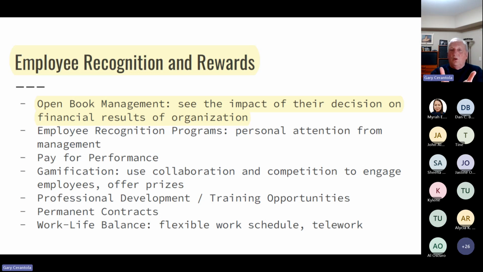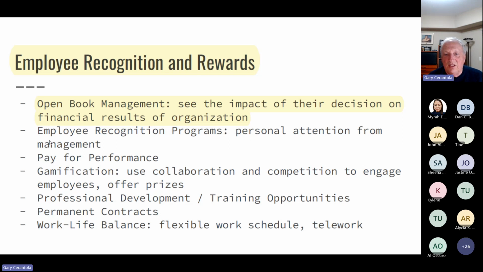And you talk about a force of alignment, because what gets measured gets done. People can see what's going on. They know how their job affects the outcomes of the organization, and they know that they have to perform a certain way to become successful and have the company thrive again. This is a great formula for success in an organization. So that's one key thing in terms of employee recognition and rewards.